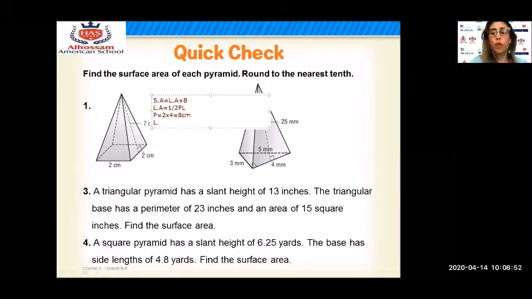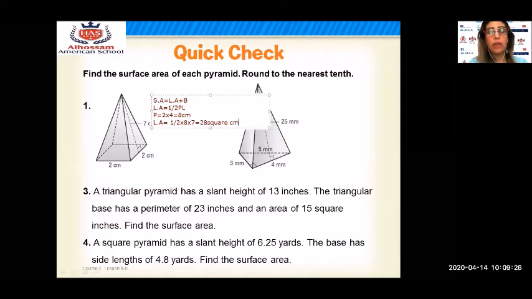Lateral area equals half times P, which is 8, times L, which is 7, the slant height. So half times 8 times 7 equals 28 square centimeters.